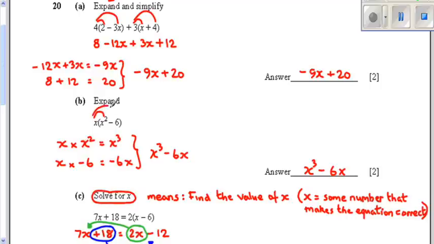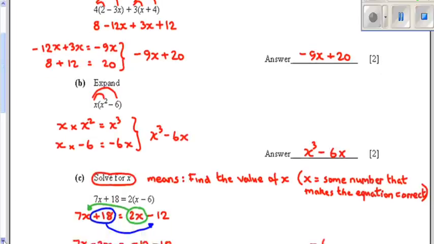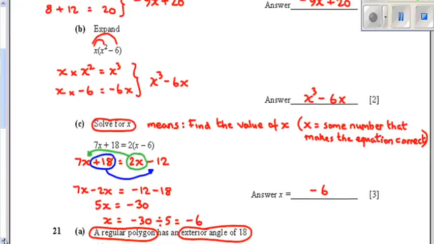Then we've got x multiplied by minus 6, and that gives us minus 6x. So together, those two terms give us x cubed minus 6x. So that's our answer.